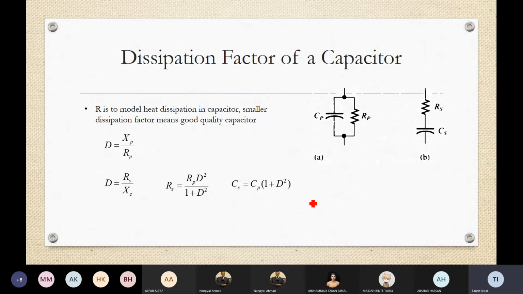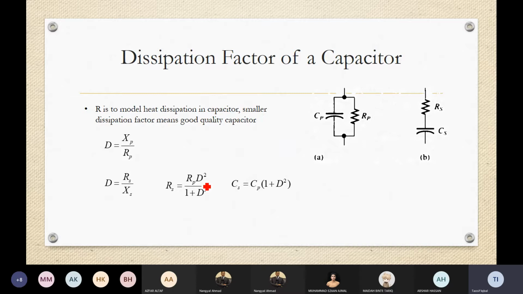So if we have something like circuit B, we can find circuit A according to the formula, where we can change the circuit from series to parallel combination. Similarly, the capacitance is also going to change when we convert the circuit from series to parallel and vice versa.